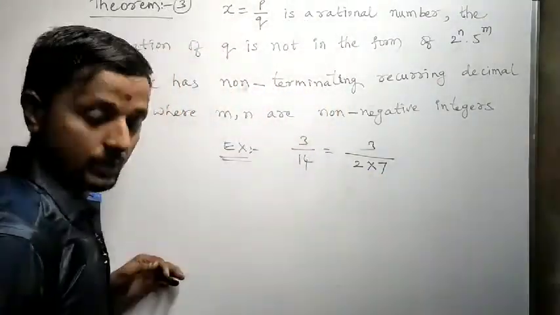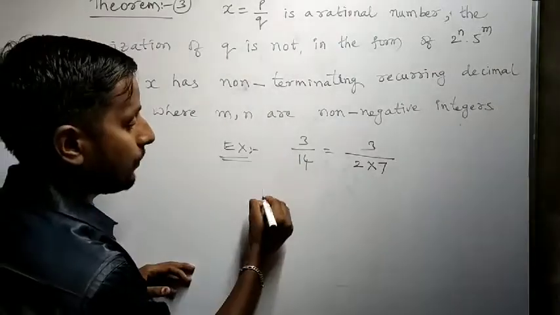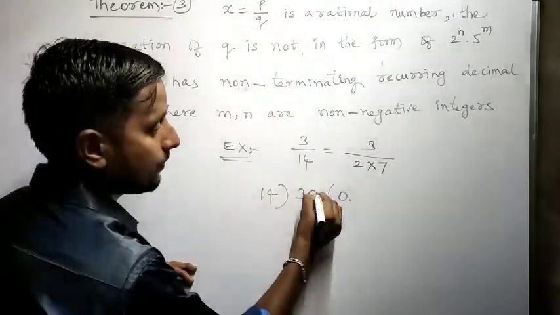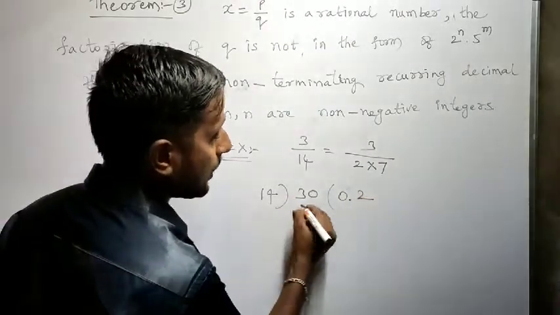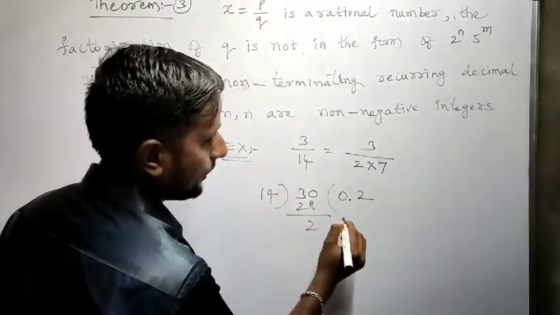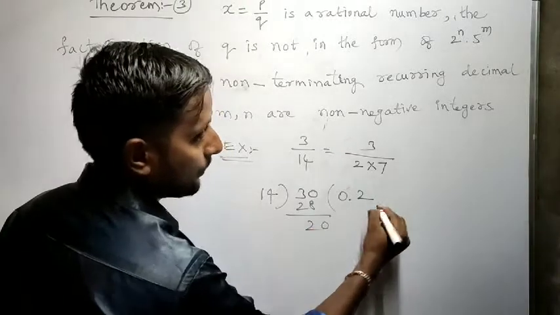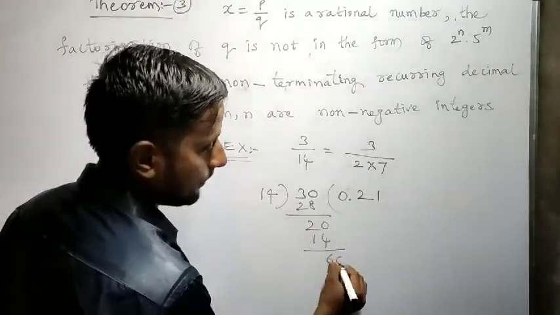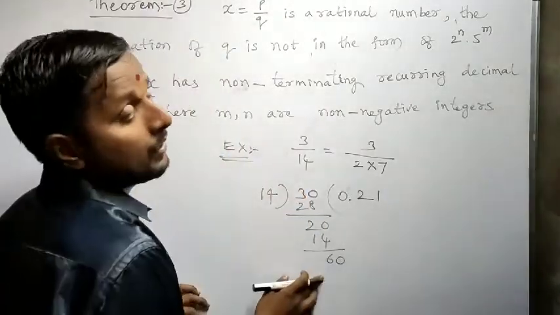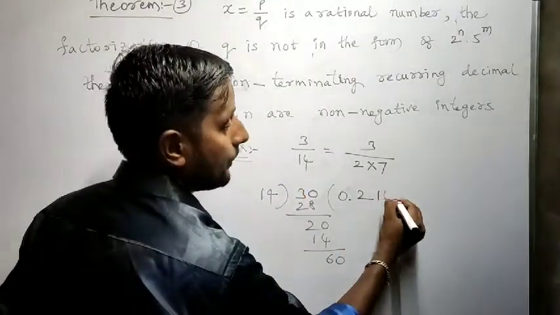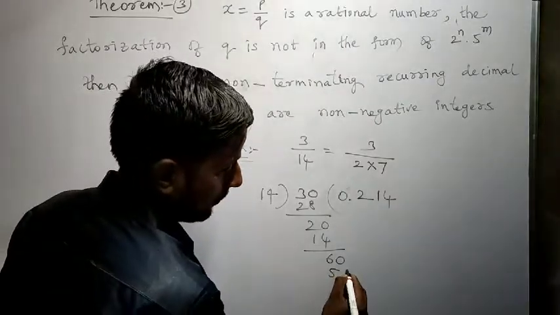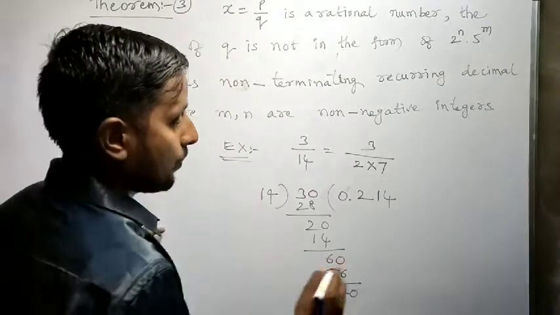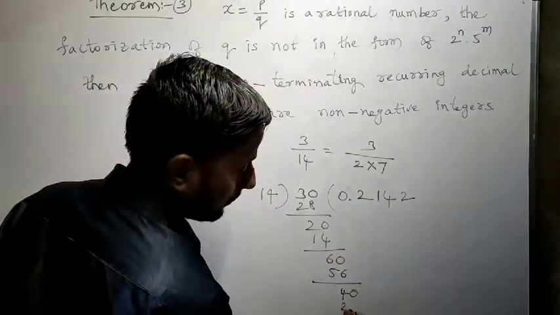See, 14 divides 3. 14 into 3, 0.0, 30. 14 2s are 28. 2 left, already decimal, 20. 14 1s are 14. 6, already decimal, 60. 14 4s are 56. Again 4, decimal, 40. 14 2s are 28.